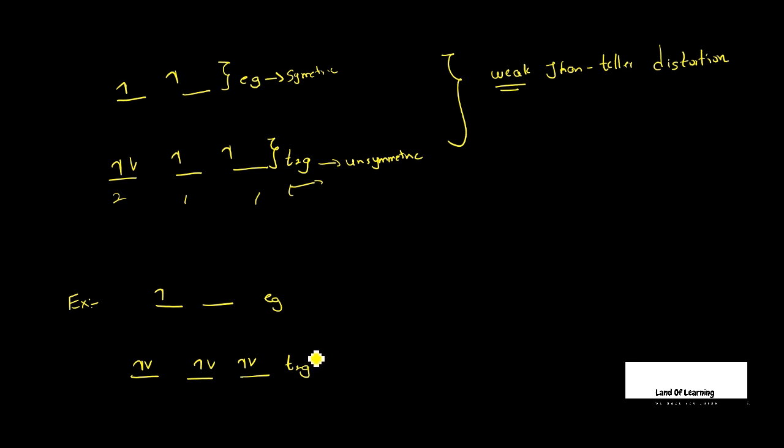How can we determine it? By checking the symmetry. Here the T2G level is perfectly symmetrical, so it has no Jahn-Teller effect. But here the EG level is unsymmetric, which means there is a Jahn-Teller effect. So overall, our complex contains a strong Jahn-Teller distortion.